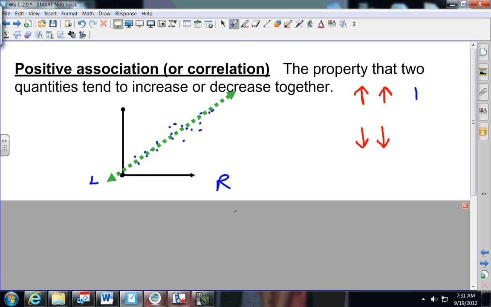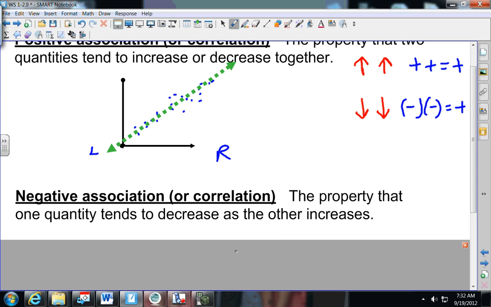When you take a positive times a positive, what does it equal? When you take a negative times a negative, what is that? It's the same concept. So when both things are positive or both things are negative, it's going to give you a positive association or correlation. Okay?